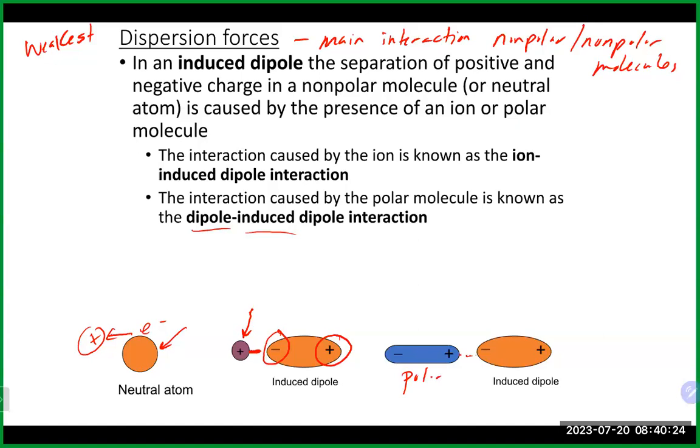It gives it a way to interact for a short period of time, but because those nonpolar molecules really don't have that fixed separation of charge, they have no way to maintain it over a long period of time, which is why it's a relatively weak one. This is also why even polar molecules can use dispersion forces in this way, but it's not their main intermolecular force, but they can interact with each other. It's also why oil and water mix just a little bit, and then separate out over a long period of time.